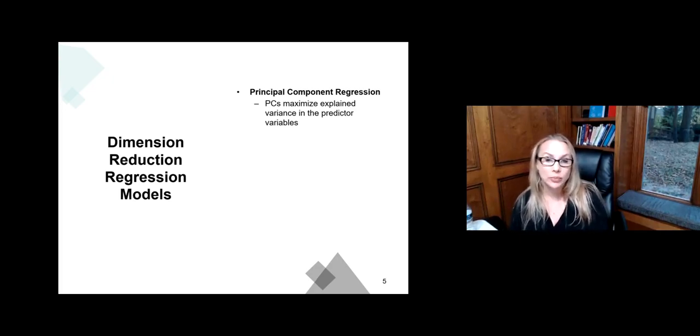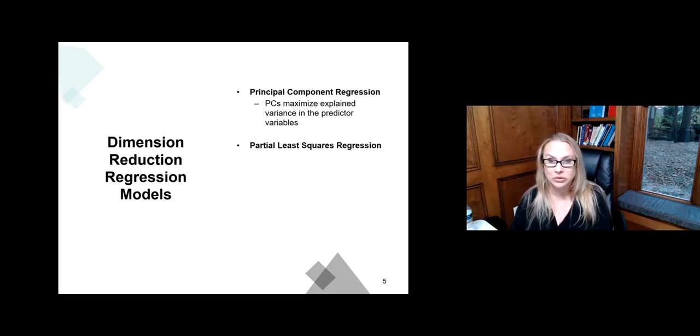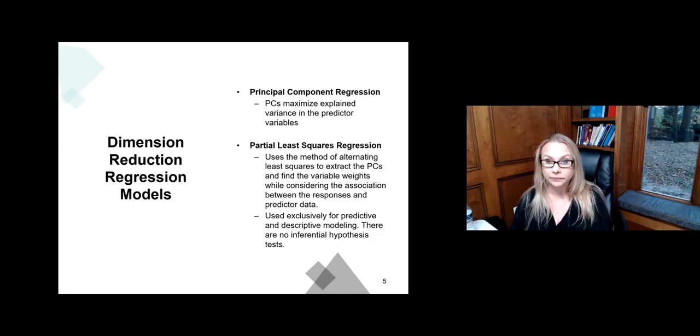One is principal components regression. Principal components maximizes the explained variance in the predicted variables. Partial least squares regression uses the method of alternating least squares to extract the principal components and find the variable weights while considering the associations between the partial responses and the predictor data.